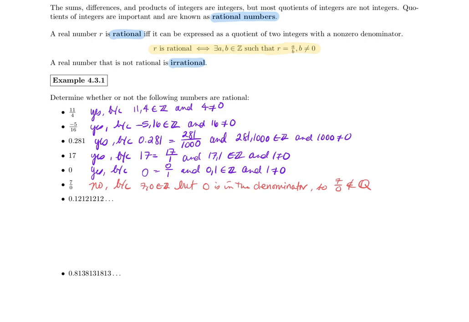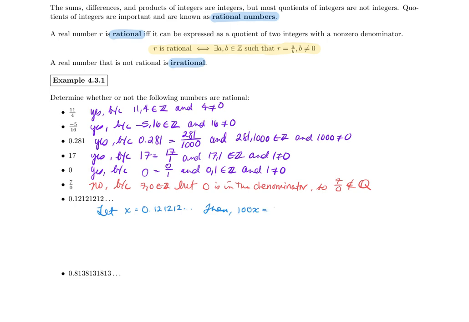We're going to say, let x equal this 0.121212 repeating. Okay, we'll start there. Then, if we multiply this x by 100, it's going to move one full repeat to the left-hand side of the decimal.